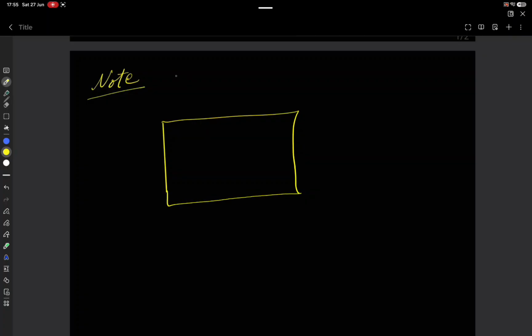Note: this is our incident ray, this is our normal. This angle i is called the angle of incidence in the less dense medium.